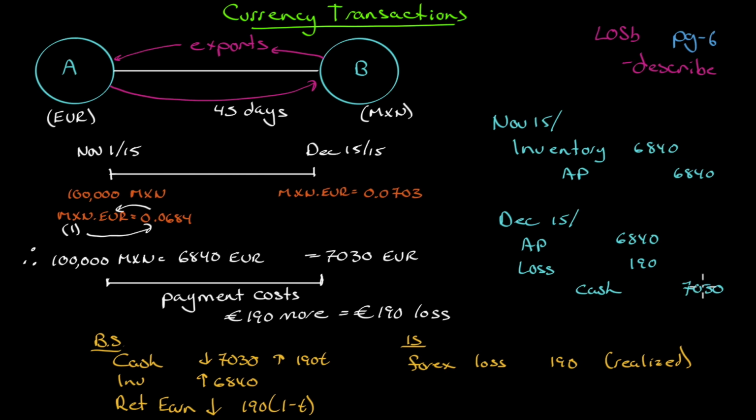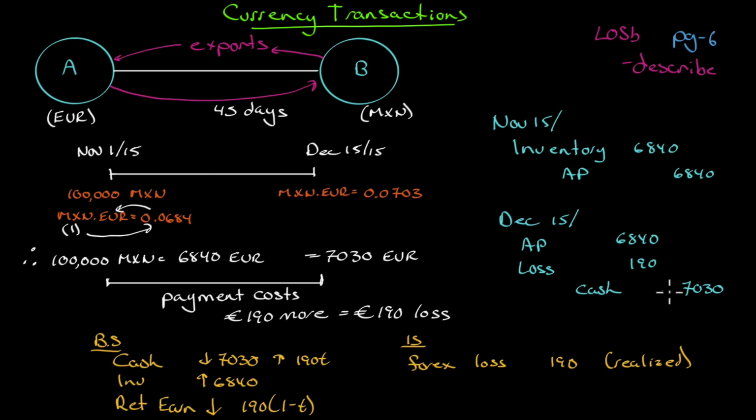To look at it in transaction form, on November 1st, the European company would record inventory of 6,840 and an accounts payable of 6,840. Notice that its accounts payable is in euros, 6,840 in euros. They don't list it on their books in pesos. Remember now, they must keep their books in the local currency, in their presentation currency. So they record it as 6,840.